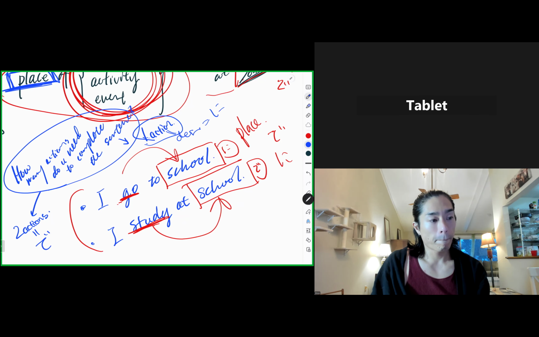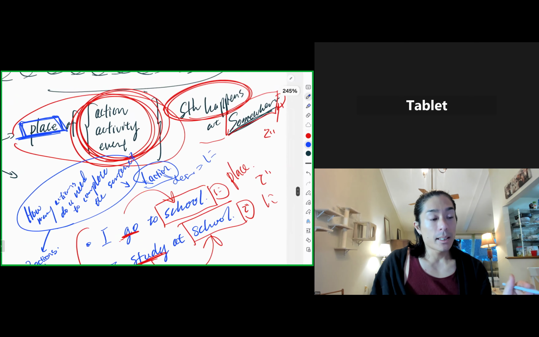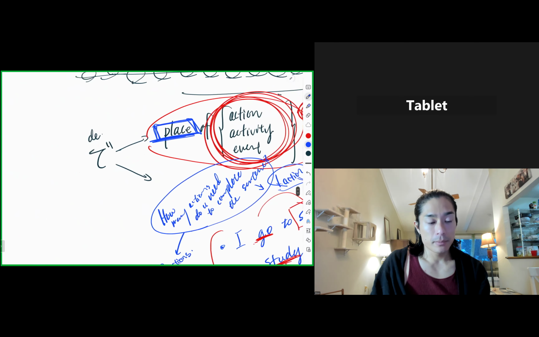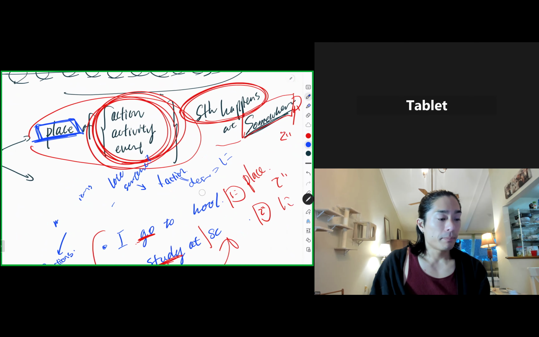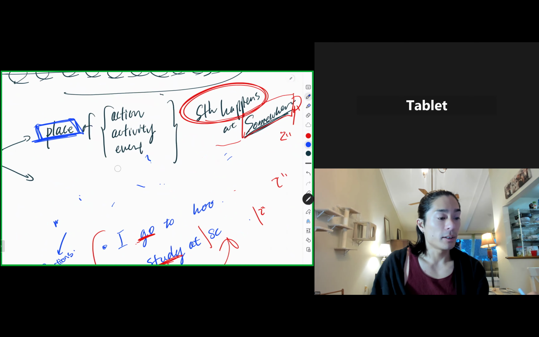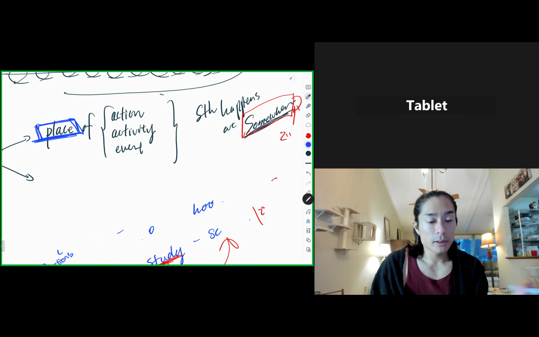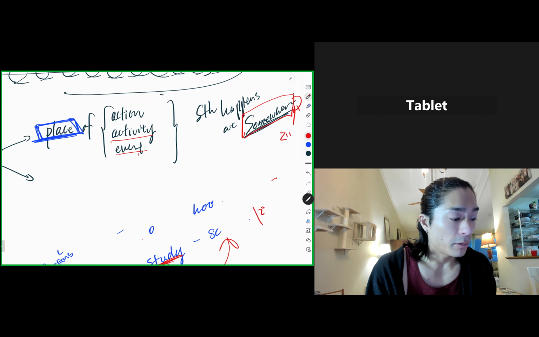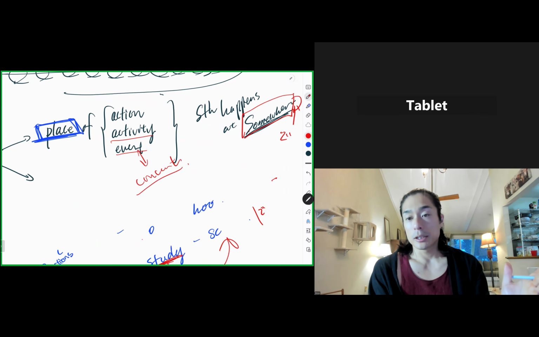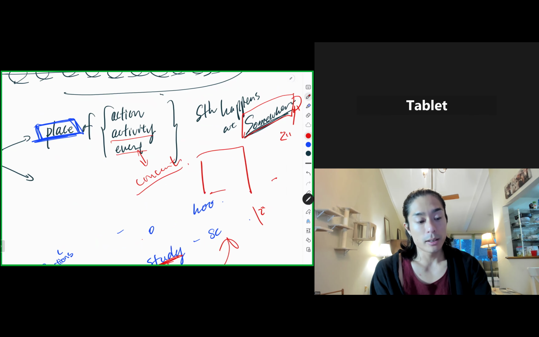So that's the first function of de. Okay, well, maybe before I move on to the second function of de, I just want to briefly explain activity and event. For example, like concert and stuff, right? If you want to say there's a concert at the school today, then school is the place where the concert happens, right?